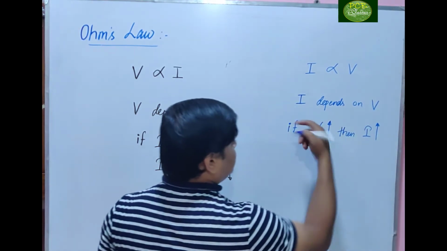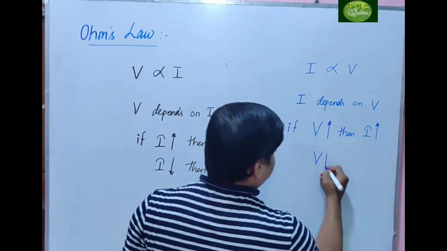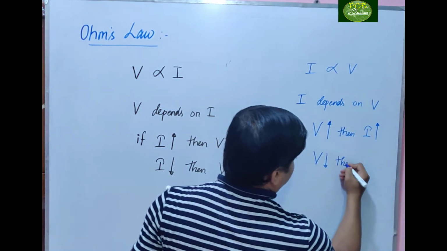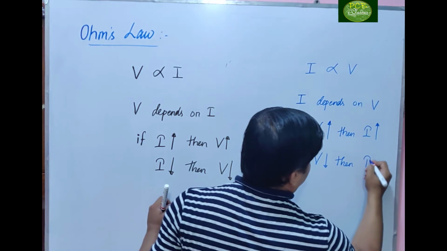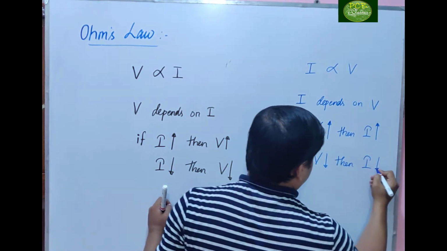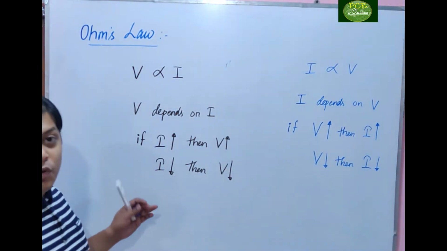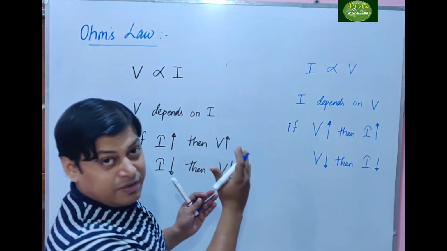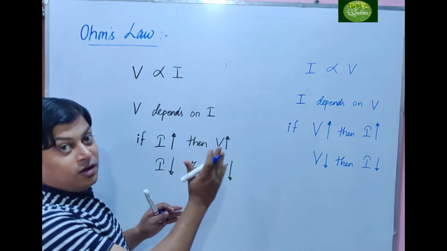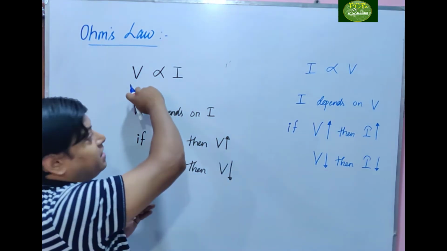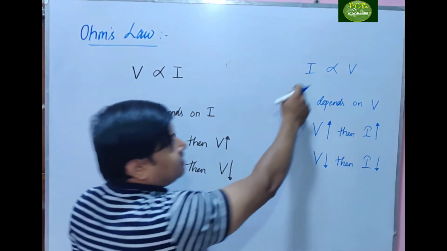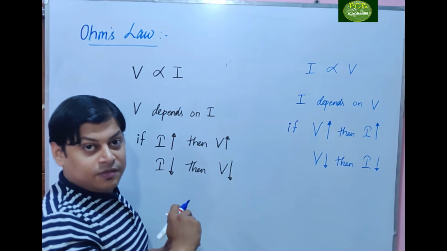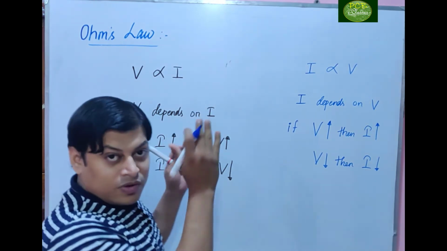Who is depending? I is depending on V. If V decreases, then I also decreases. Both are somewhat similar, but they are not equal. Why are they not equal? Here voltage is depending on current, whereas here current is depending on voltage. Now I will tell you the proper one.